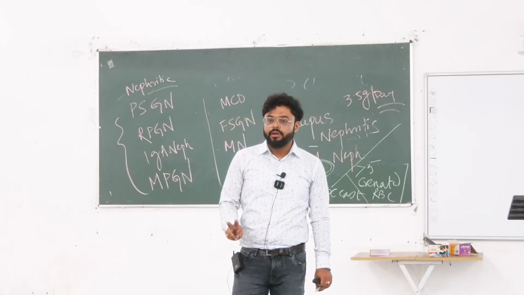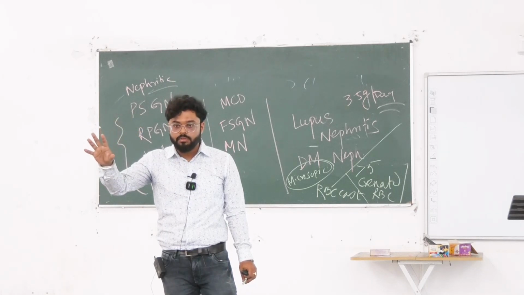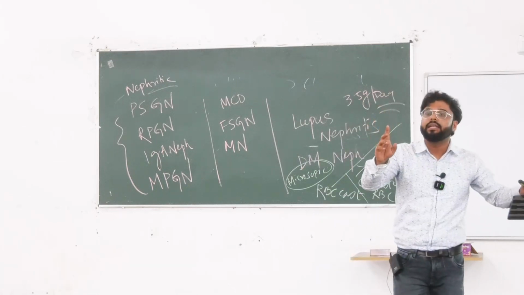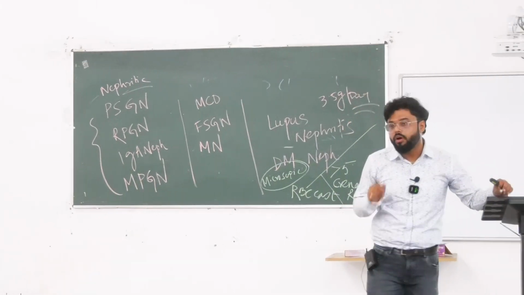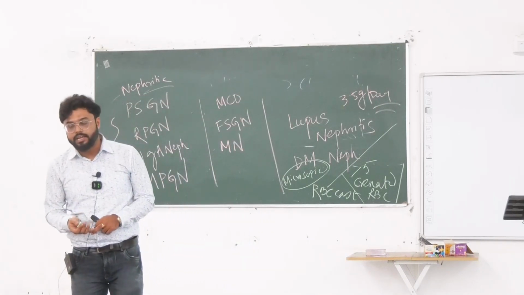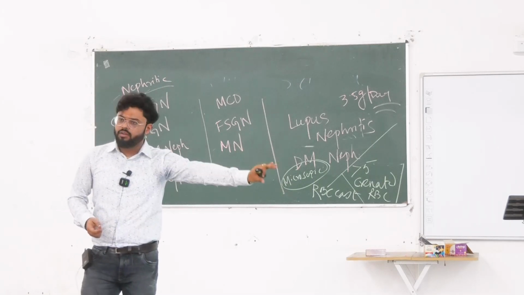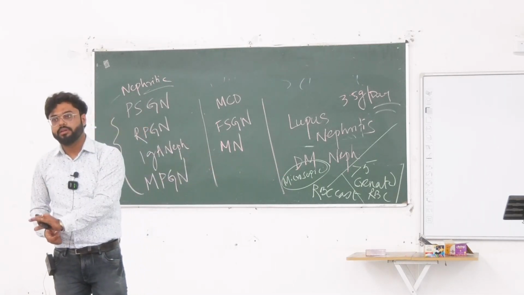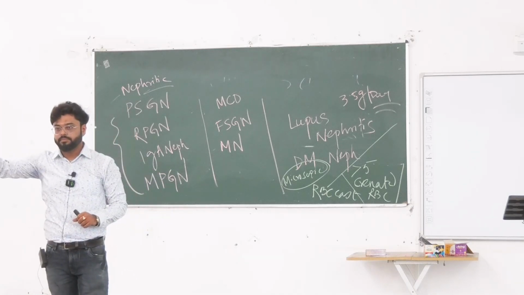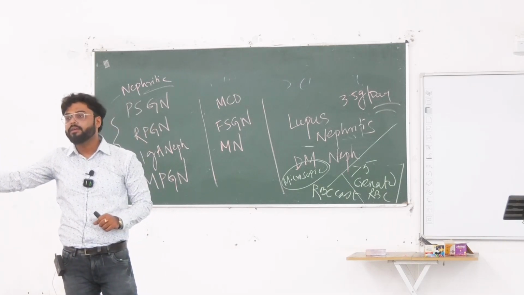To see the site of deposition, I have to use a particular fluorochrome, and that fluorochrome will be used against a particular antibody or complement, because when there is immunocomplex deposition as a disease entity, it comprises some antigen and some antibody. That antibody could be of two types: some immunoglobulins and complement.